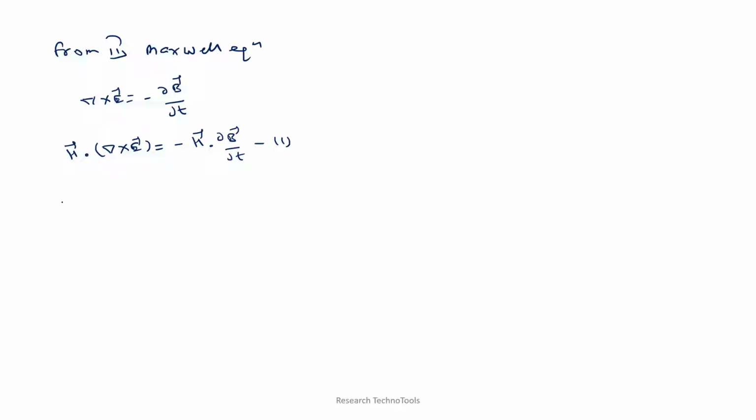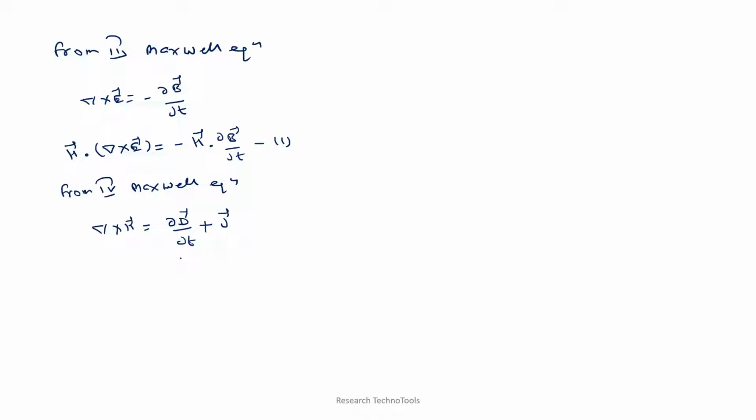Now we will use the fourth Maxwell equation, which comes from Ampere's law. The fourth equation is basically curl H vector equals del D vector upon del t plus J vector.